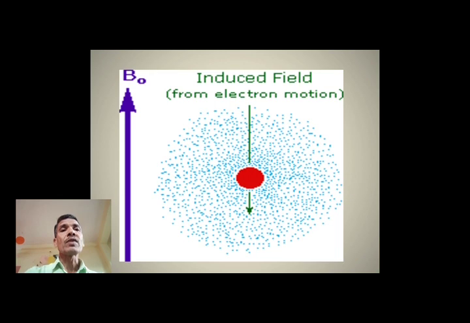Here the nucleus, which is kept under the influence of the externally applied magnetic field, is shown, and it generates a magnetic moment aligned against the externally applied magnetic field.